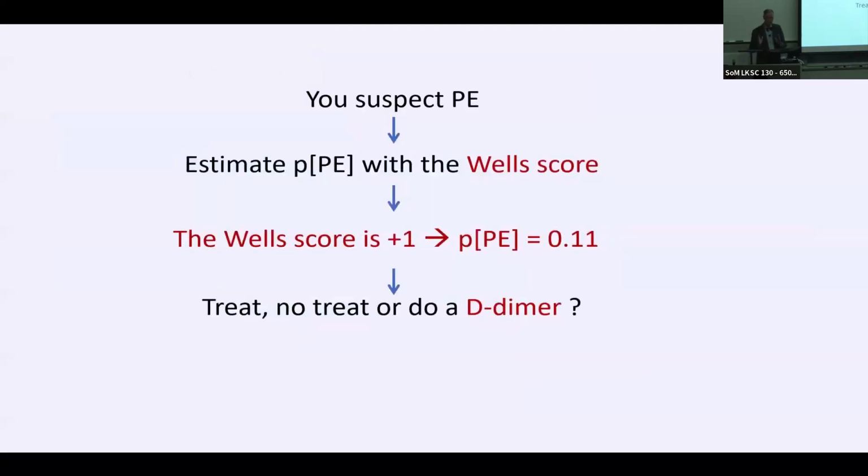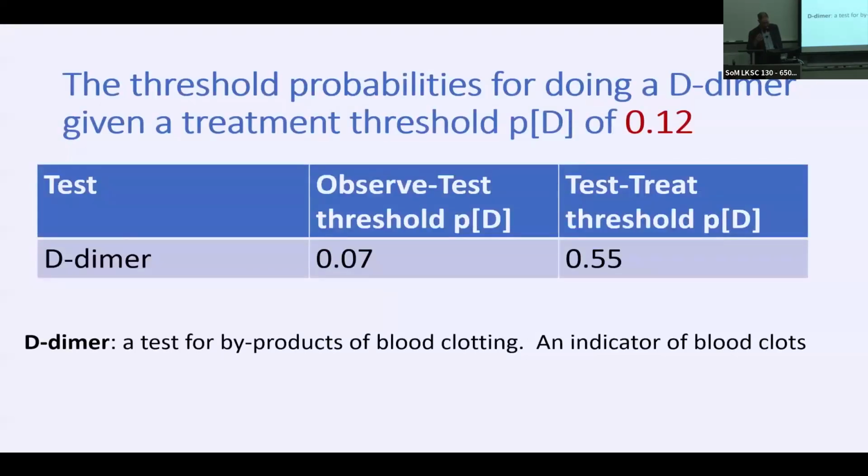So you suspect PE, you estimate the probability with a Wells score, it's 1, your probability is 11%. What next? Do you do a D-dimer, or do you just start treatment, or do you tell the patient, you know, call me in the morning if you're not better? Well, let's talk about that.